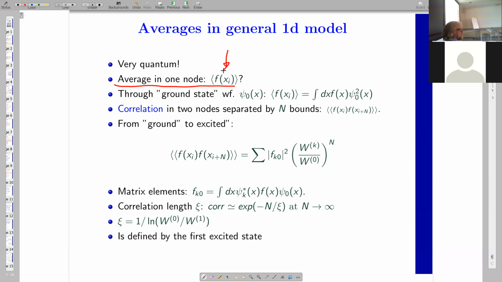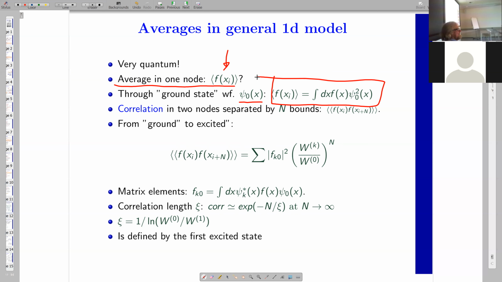How would one compute it with transfer matrix methods? Right, assuming the system is infinite, one can completely concentrate on the wave function of the ground state with the highest eigenvalue W. Here it is, and the classical average is written like this.